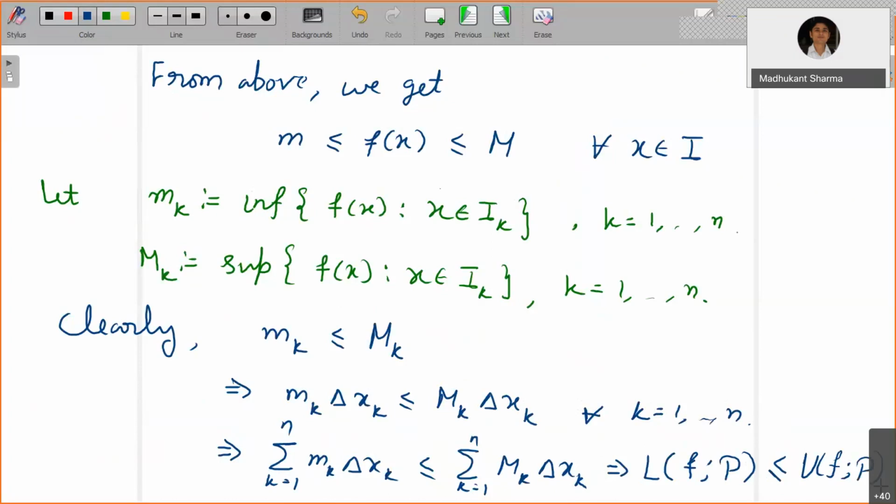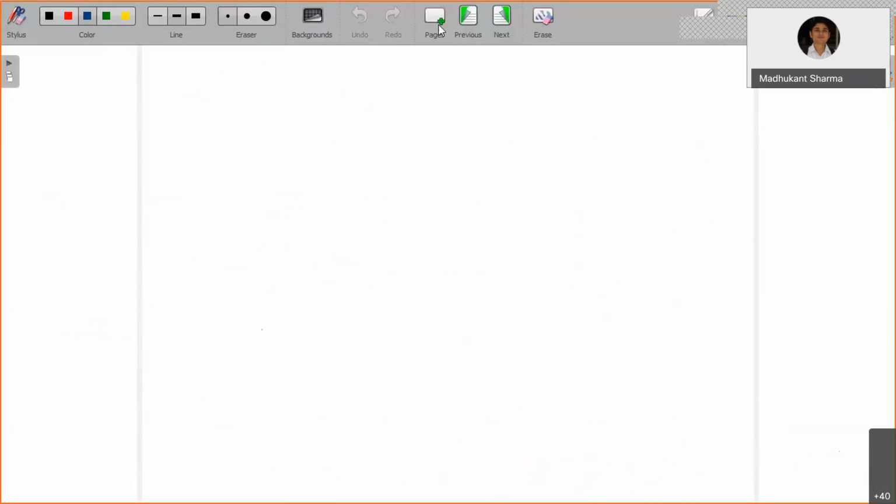Okay, right. Not only this. Now, if you look at the definition of f(x), also small m is less than or equal to small mk, which is less than or equal to capital Mk, which is certainly less than or equal to capital M. Because this small m is the infimum over all values on I, it is sitting on the left of small mk, and small mk is the infimum over a smaller interval.